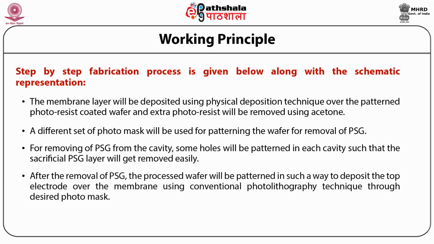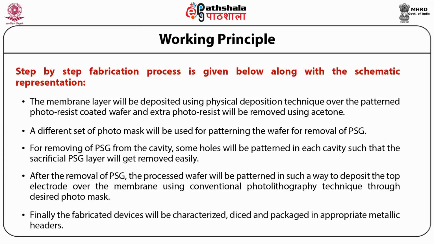After the removal of PSG, the processed wafer will be patterned in such a way to deposit the top electrode over the membrane using conventional photolithography through the desired photomask as shown. Finally, the fabricated devices will be characterized, diced, and packaged in appropriate material, that is, a metallic header.